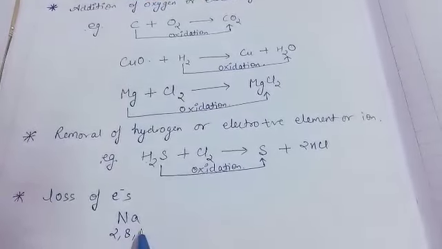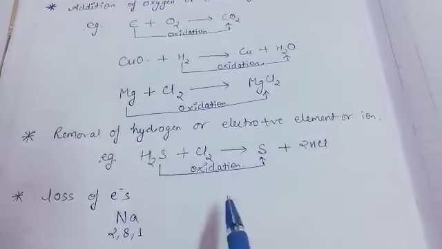One electron in the outermost shell means a tendency to lose electron. After losing one electron, it becomes Na positive. Or you can write this reaction like this: Na, this electron goes that side and the sign becomes positive, Na positive. You can write the reaction either way. This is about oxidation.